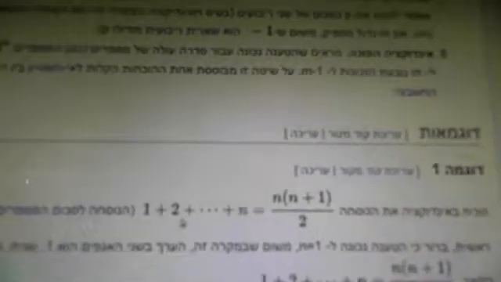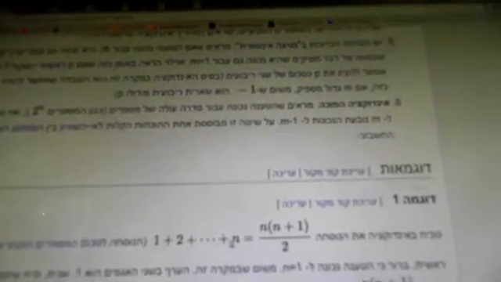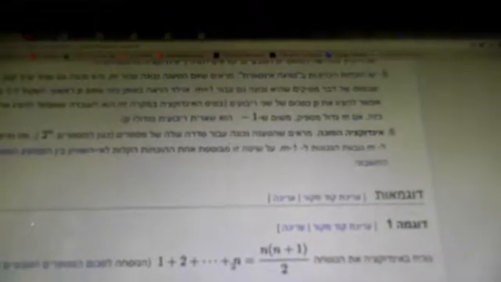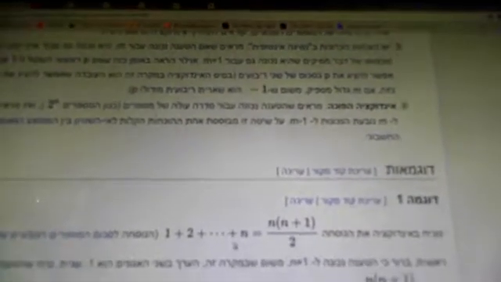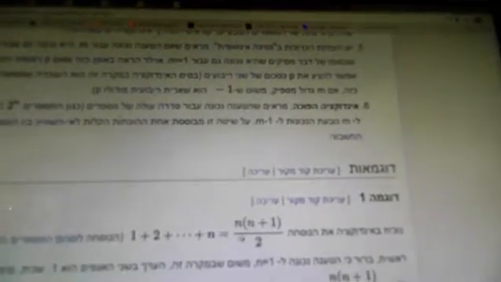This is our argument. In the first step we check if this statement is true for n equals to 1, and we see that for n equals to 1, the left side of the equation is equals to the right side of the equation. 1 equals to 1.